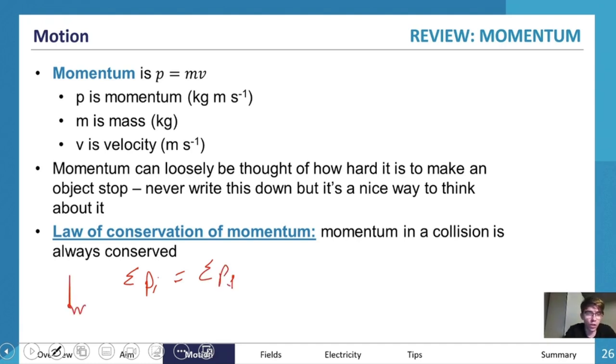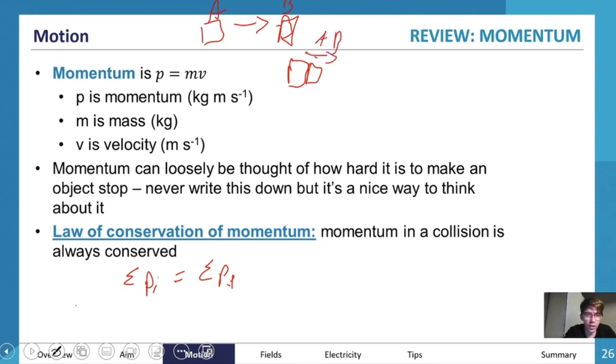So when two objects collide, let me draw this out. If there's car A driving with a particular velocity and it hits car B, which is at rest, after the collision, car A and car B move together, right?